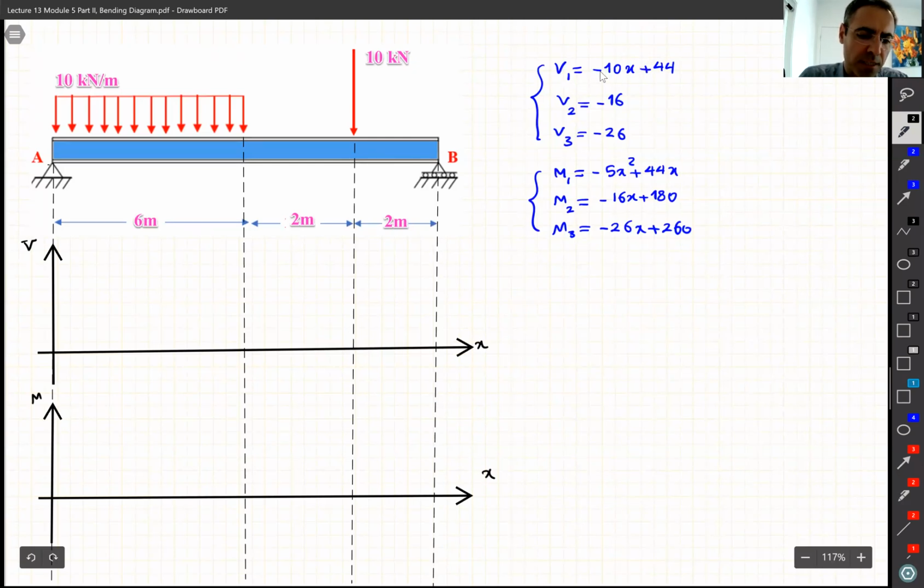So V1 is a line, minus 10x plus 44. And for a line, we know that we need 2 points.